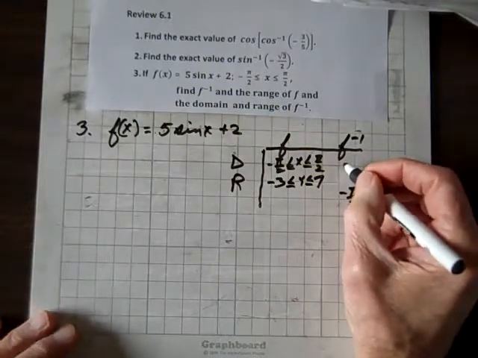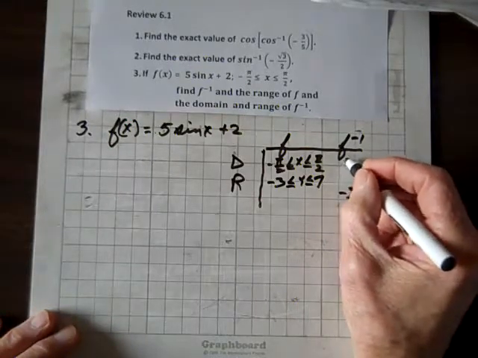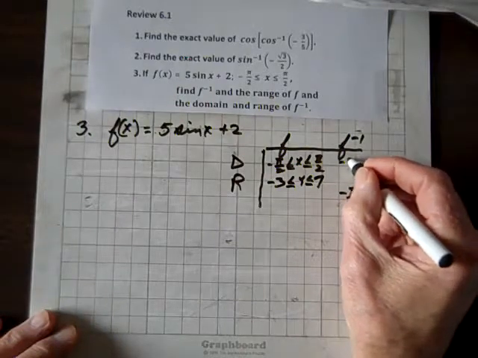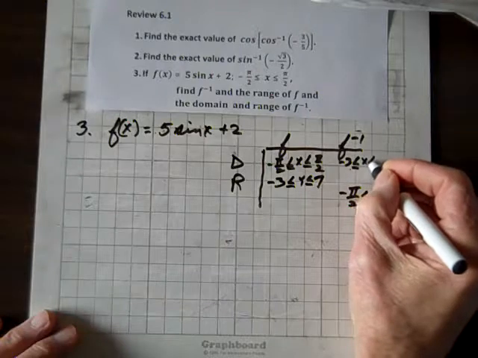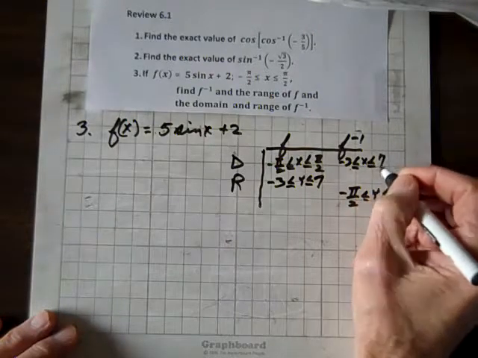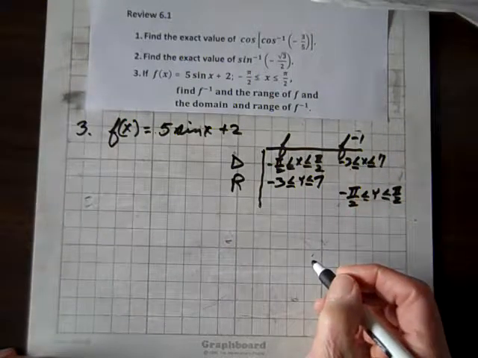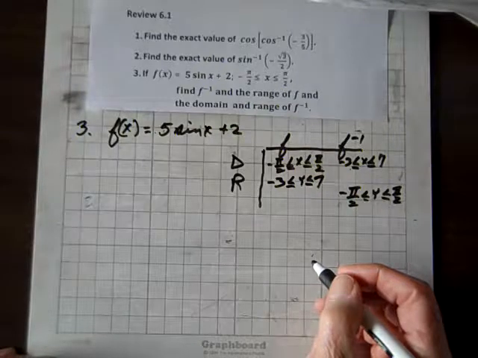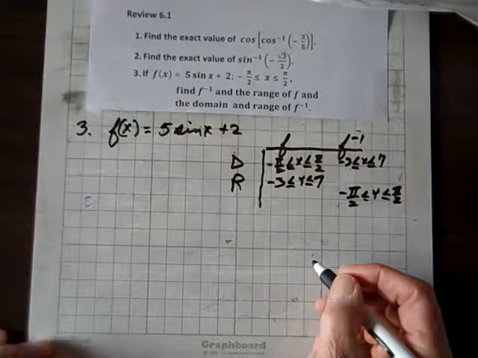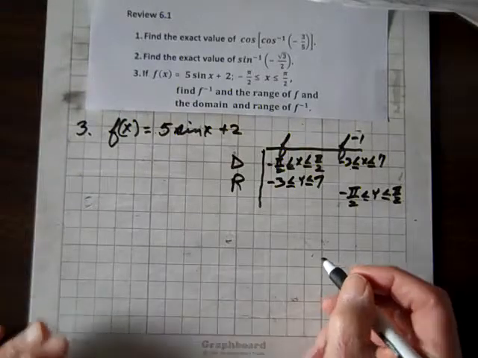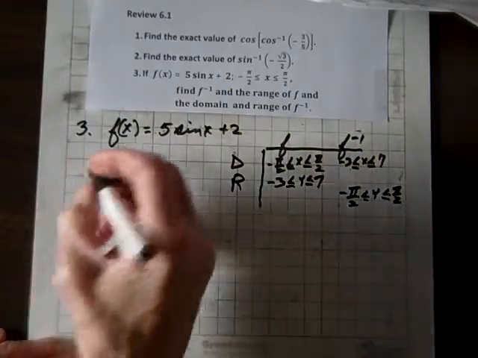And so the domain then of the inverse function is -3 is less than or equal to x, which is less than or equal to 7. So we've taken care of the domain and range of f and, oh, we have to find f inverse, yes. Okay, let's do that.